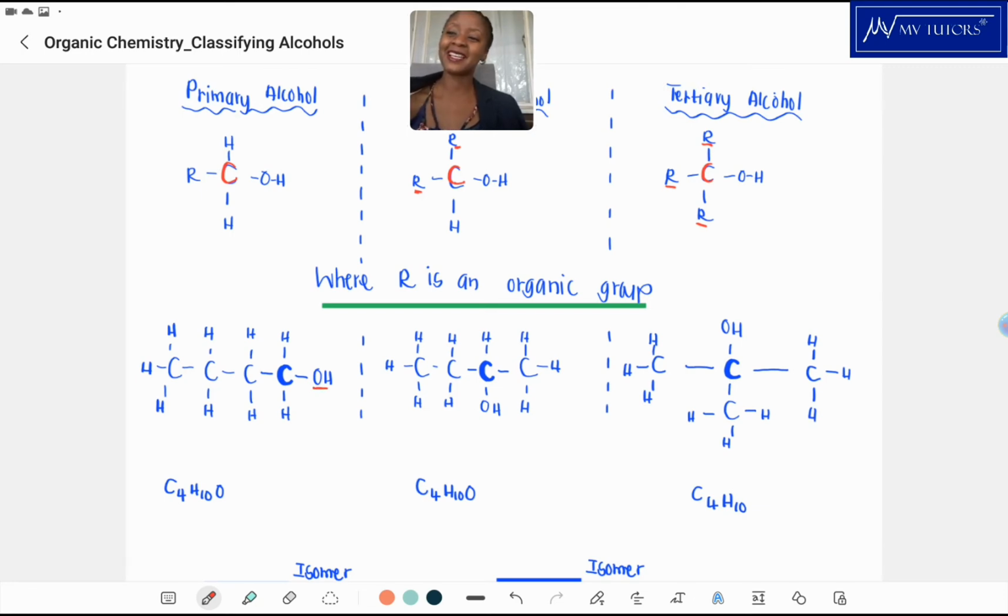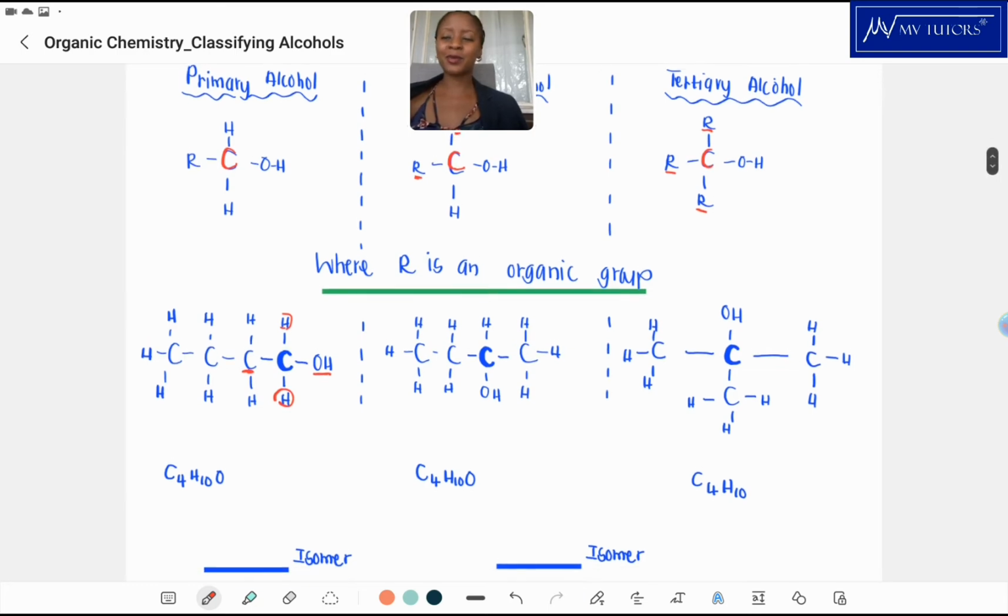There it is. Then I look at the carbon of interest, the one attached to the hydroxyl group. I've highlighted it so it's quite bold. Then I look at how many other carbons are attached to that specific carbon. And I see I only have 1 carbon because here I have a hydrogen and a hydrogen atom. So this then becomes my primary alcohol.